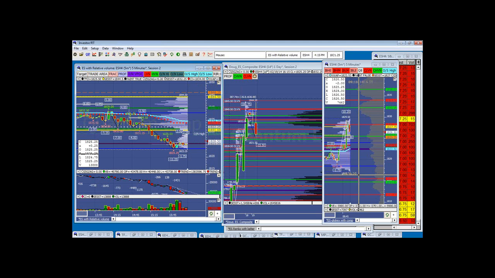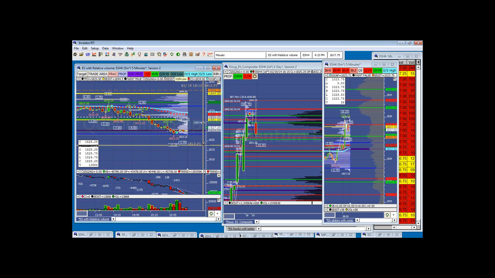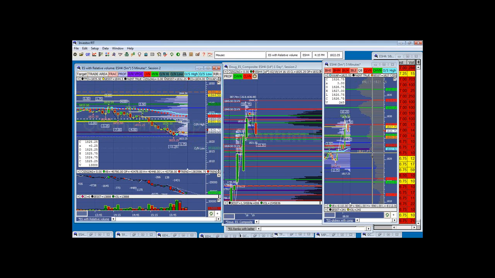And then we've got the overnight low at 1817.25 area, so we'll just put that in. And then our VPOC for overnight has shifted up to 2250.